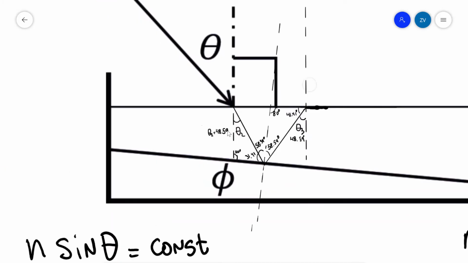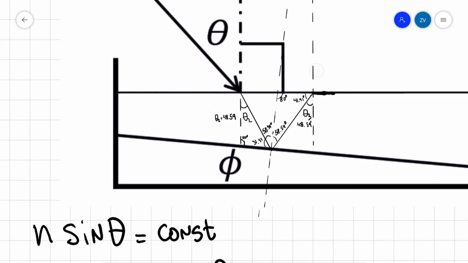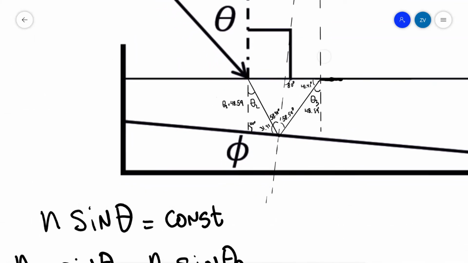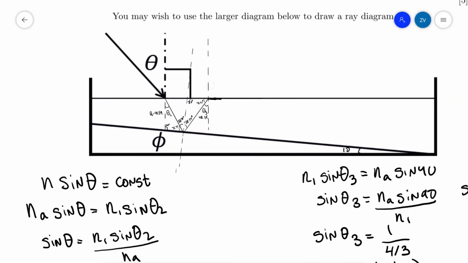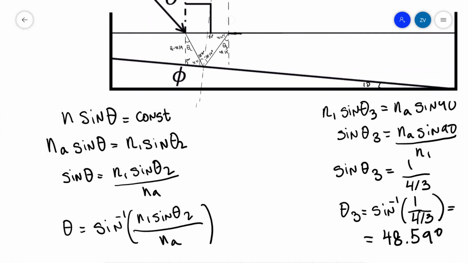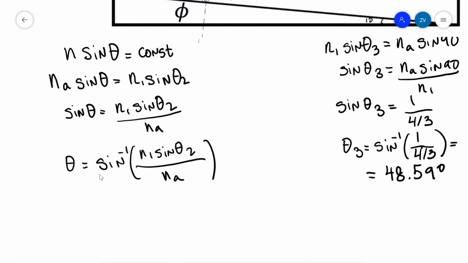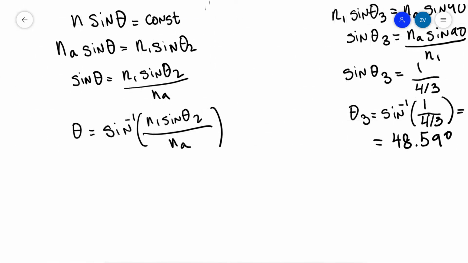Now that we have found that theta 2 is equal to 48.59 degrees, let's substitute that back into our original refraction equation which we derived at the beginning of this video. We derived that theta is equal to the inverse sine of n1 sine theta 2 divided by NA. So let's plug in some numbers and put them into a calculator.